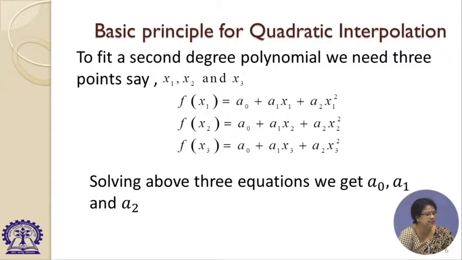As I said, to fit a second degree polynomial through x1, x2, x3, since we are fitting a polynomial to the function, we expect that fx1 must be almost the same as px1, fx2 almost the same as px2, fx3 almost the same as px3. Since we are considering 2 endpoints, certainly fx1 will be the same as px1, fx2 must be the same as px2, but the middle point will vary.